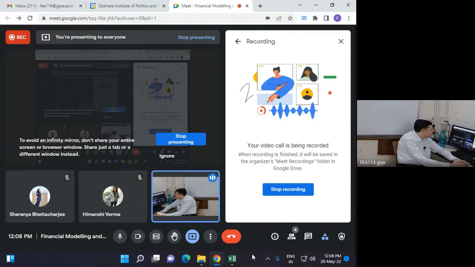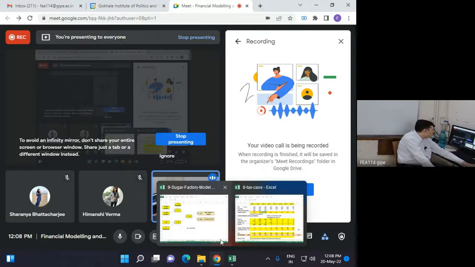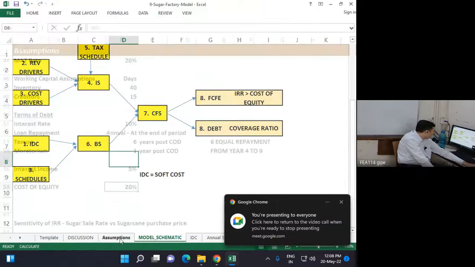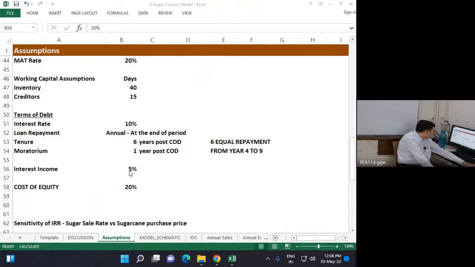That last case we want to start without a template, and think over how we can develop the approach. But before we close today, we will do at least one sensitivity.